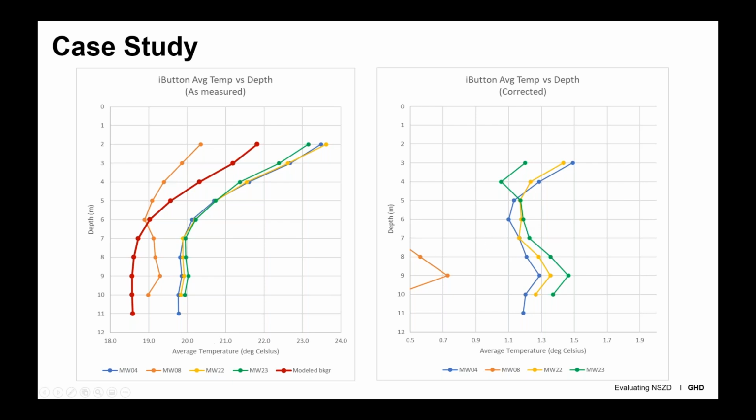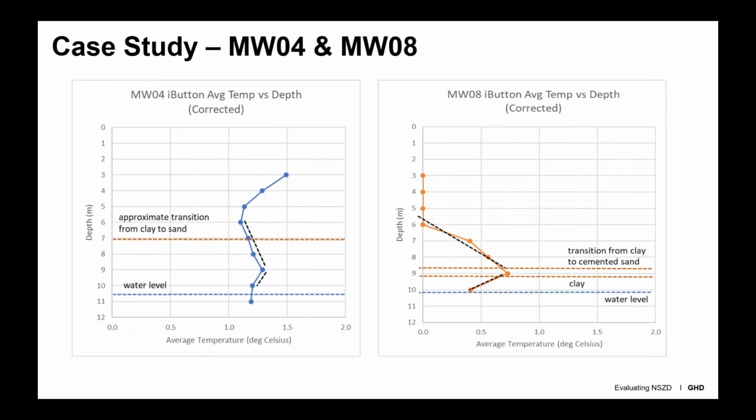And they realized that those peaks fell within the sand layers at the site. So I decided to take a closer look at the geology at each of these well locations, which a lot of times if you just have a typical profile, you don't have to go into that much detail. But we wanted to try to use this data to see if we could figure out what was going on.